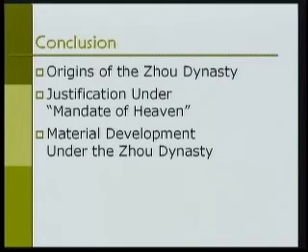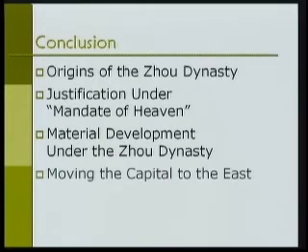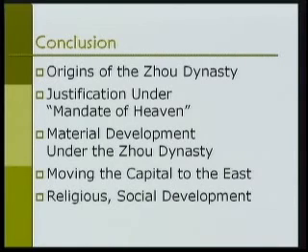The material development under the Zhou Dynasty, which basically continued the Shang Dynasty and developed it, and how and why they moved the capital from west to east, and the religious crystallization in China and the social development in China.